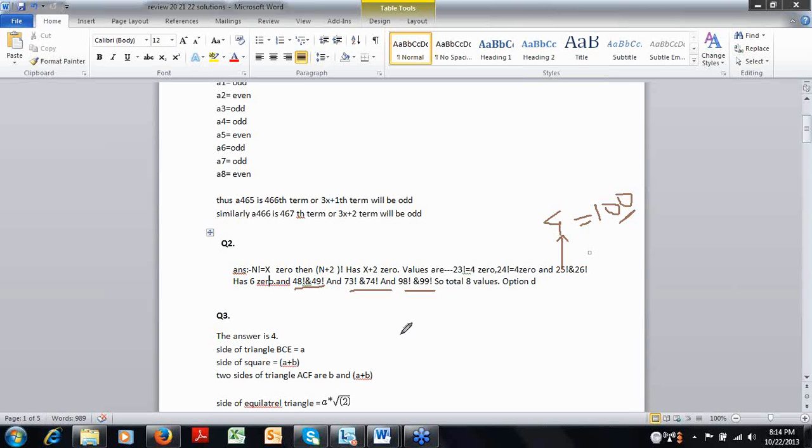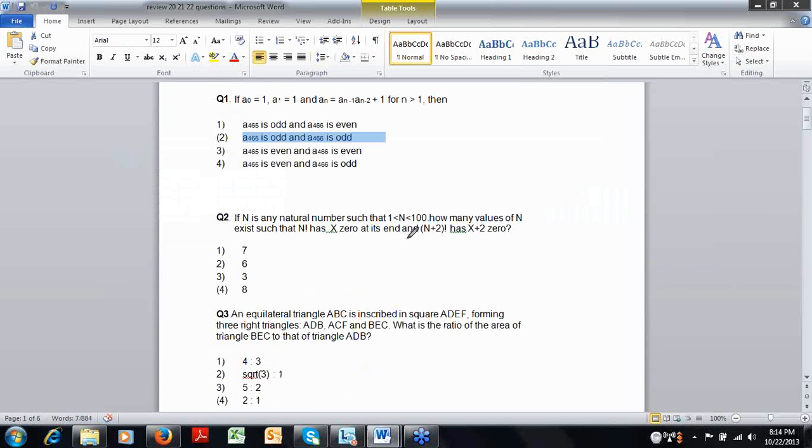So how many terms do we have? 23, 24, 48, 49, 73, 74 and 98, 99, because it is greater than 1 and less than 100. So we have a total of 8 values. We have an option for 8 values. Yes, 8 values is option 4. So we'll go ahead and mark option number 4.